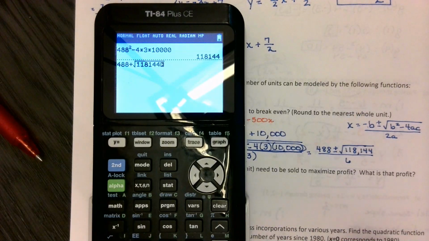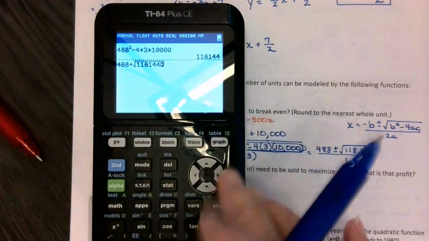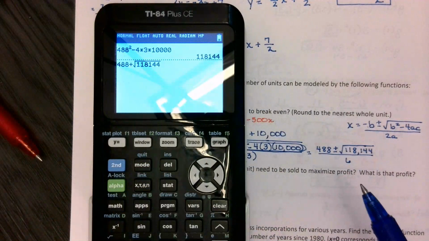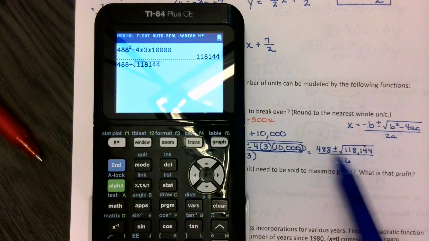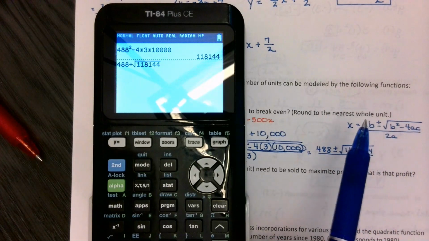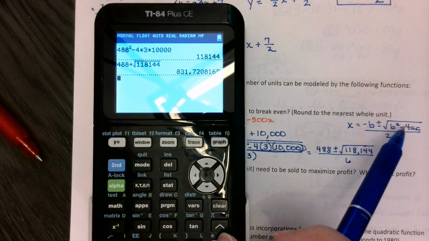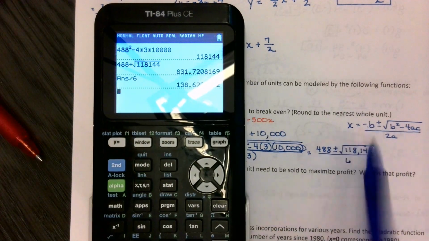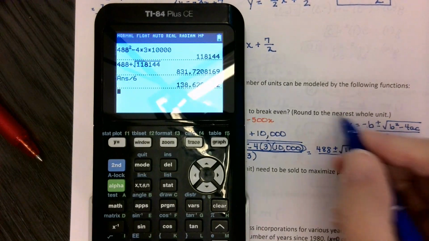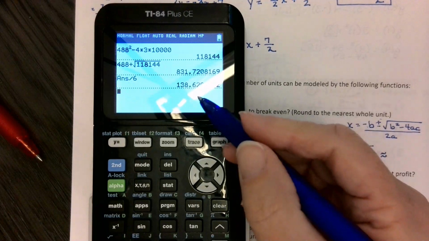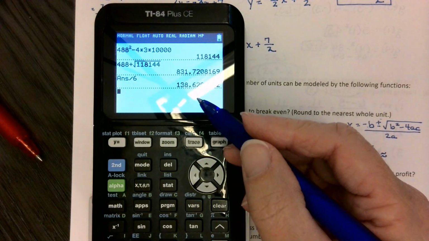I'm not going to do this all at once. If I'm going to do it all at once, this whole thing needs to be in parentheses, because that way I'm telling the calculator to simplify this top. But I'm going to hit enter, and now I'm going to divide it by 6. It says round to the nearest whole unit, so that's going to become 139.